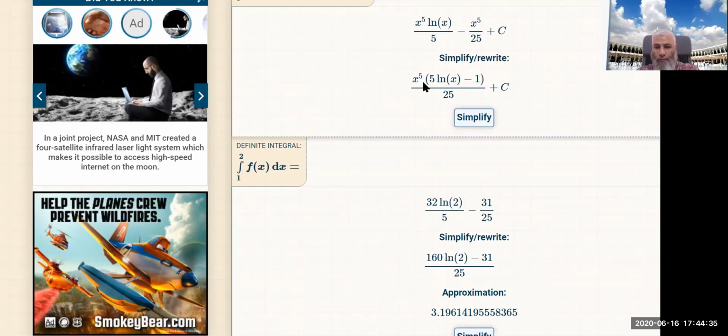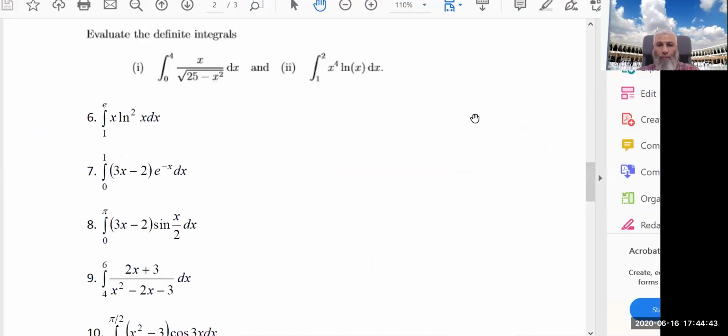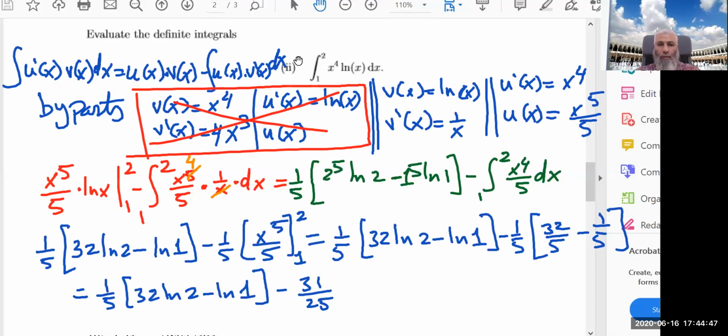Ln 1 is 0, so we have then only ln 2. So this is 32 over 5 ln 2 minus 31 over 25.